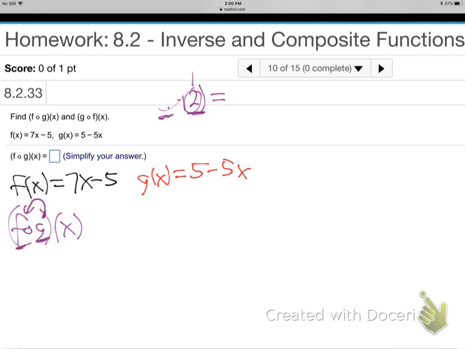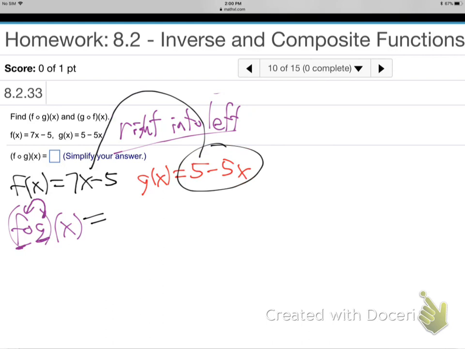So I'm going to put g into f. It always means right into left. That's what it always means. So I'm going to put all of g into f. What do I mean? Put all of g. I mean all of g goes right in the x slot of f.